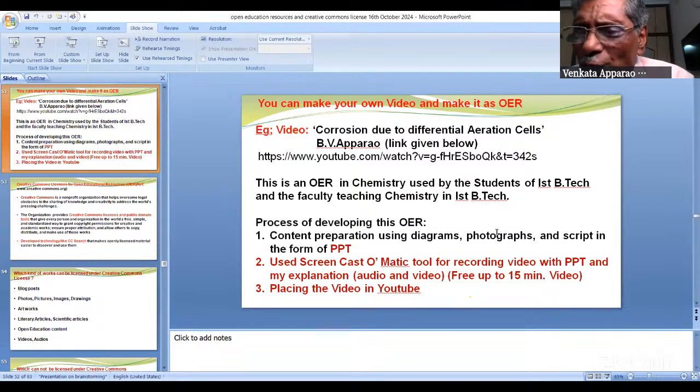Better it is a 10 to 15 minute video, not more than 15 minutes. That is the upper limit for the video you make. So one concept, one video of 15 minutes. For another concept, you make another video of 15 minutes, which includes even a self-assessment quiz also.